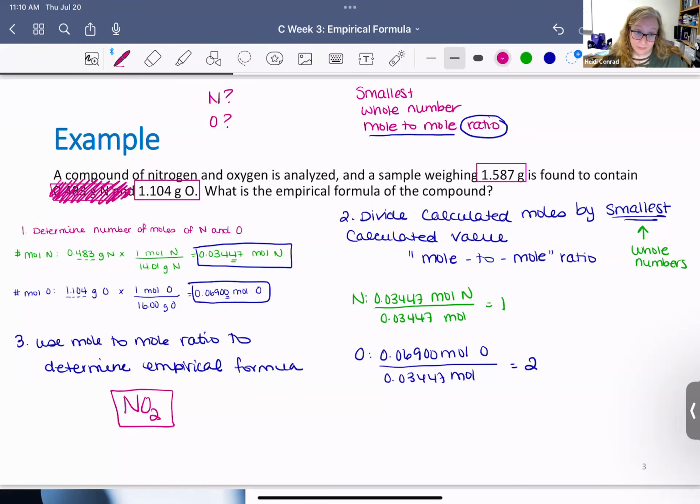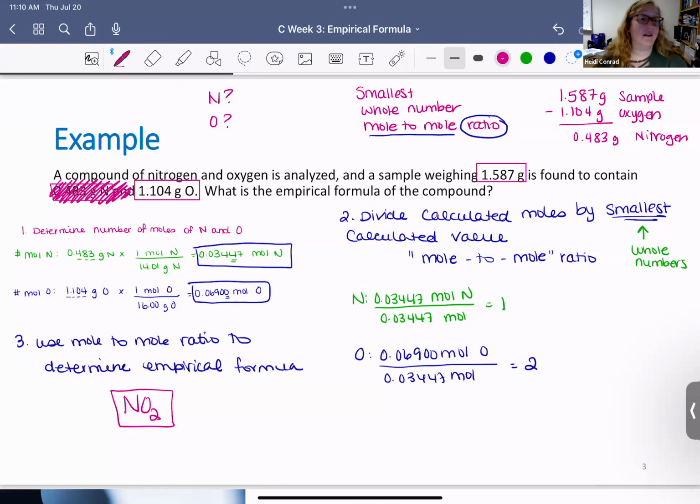What's the empirical formula of the compound? Now, if I didn't give you that information about nitrogen, you could have found it by taking that 1.587 grams of sample, subtracting the grams of oxygen, and the remainder would be the sample of nitrogen.